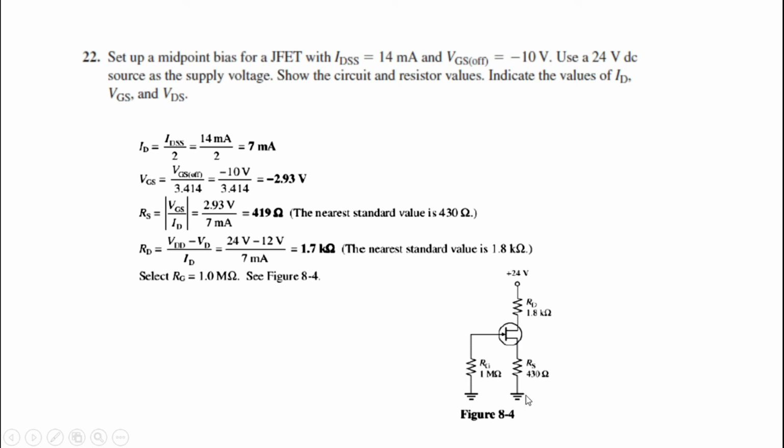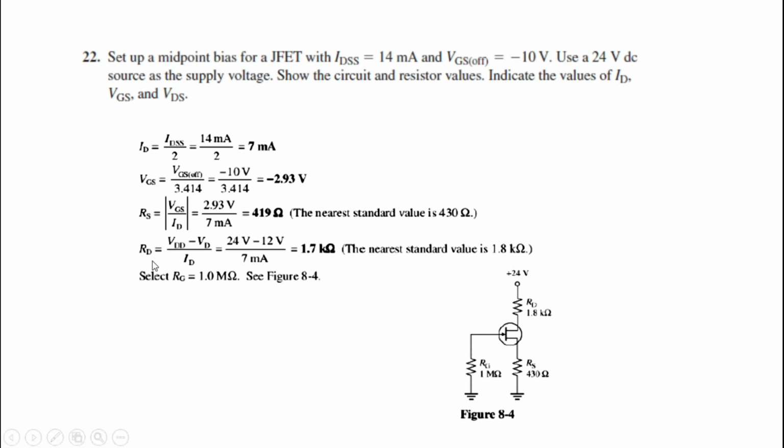So your RS value is given by VGS divided by ID, which is equal to 2.93 volt divided by 7 milliampere. So your resistor value will be 419 ohms. So your source resistance will be 419 ohms, but the nearest standard value is 430 ohms. So you will be using the standard value to draw the self-biased circuit.